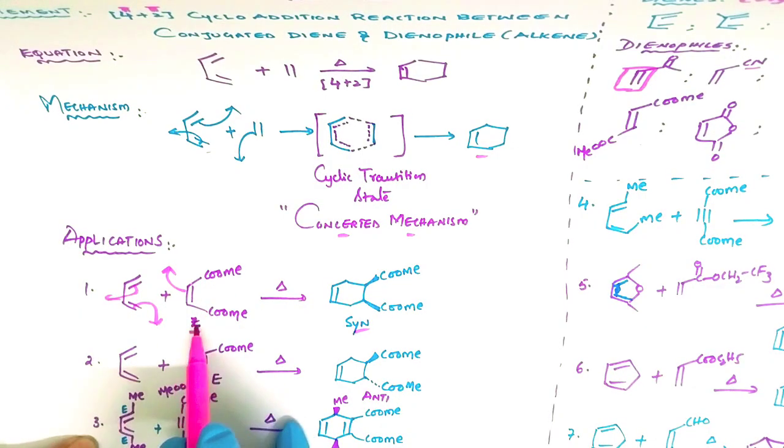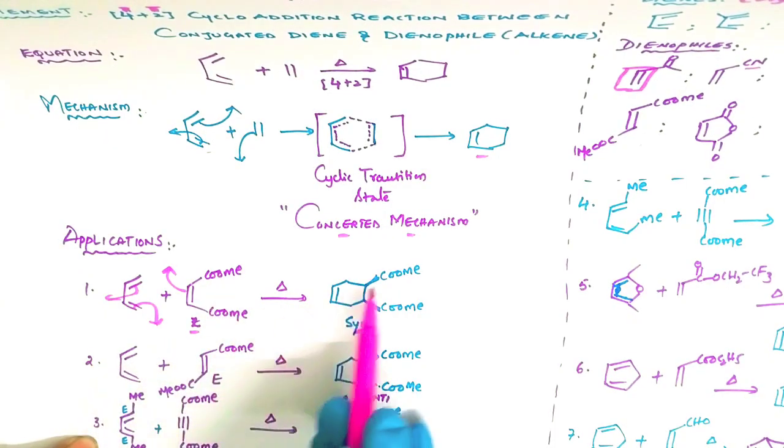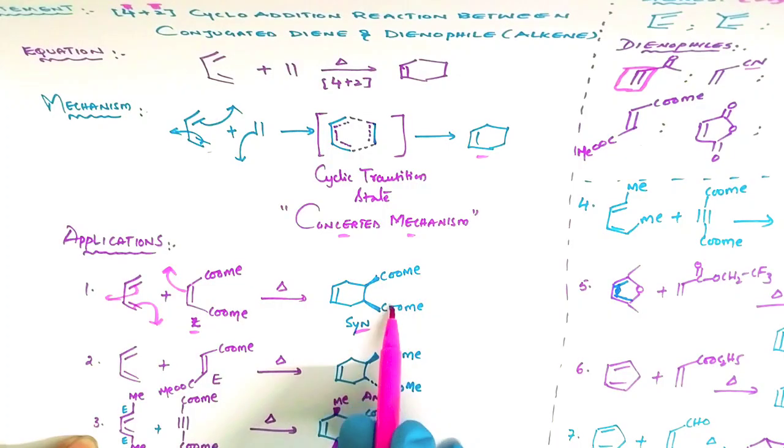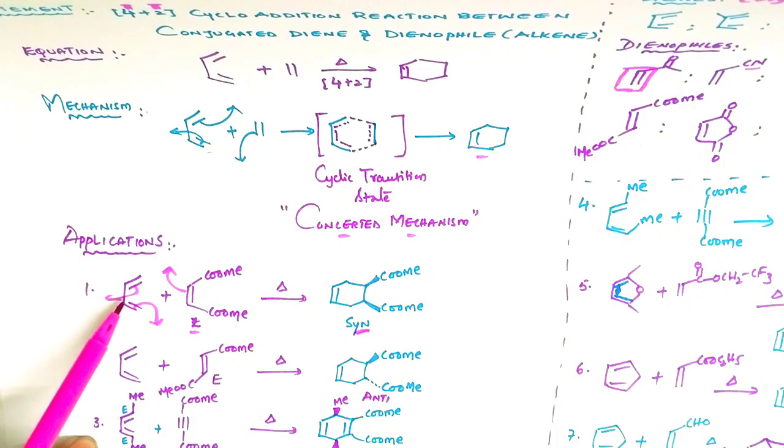What the people are saying, whenever the dienophile which is in the cis or Z configuration, the groups will be in the same side. It means syn product will be the major product, trans product will be the minor product. In case to the same conjugated diene, if the olefin which is in the E configuration or the trans configuration, then these groups should be opposite to each other.